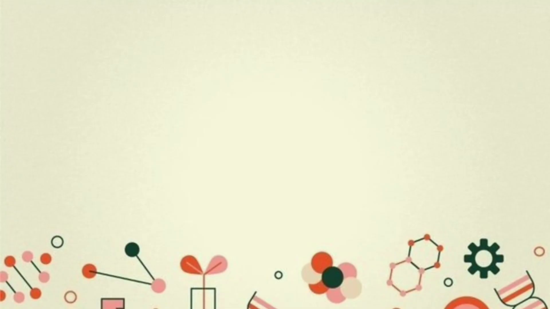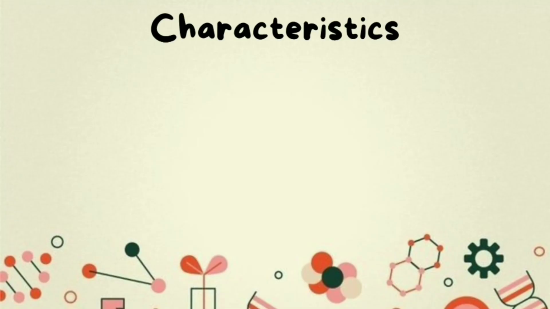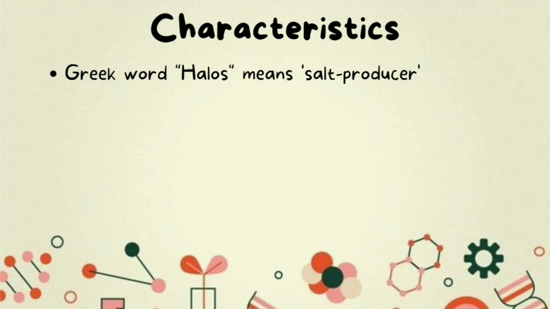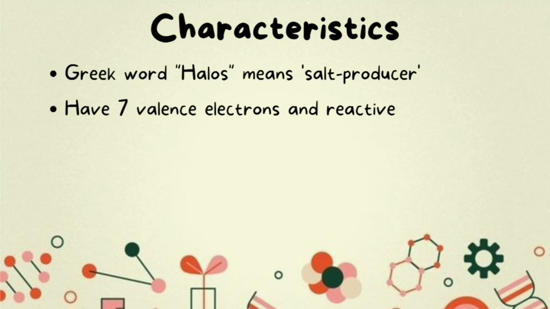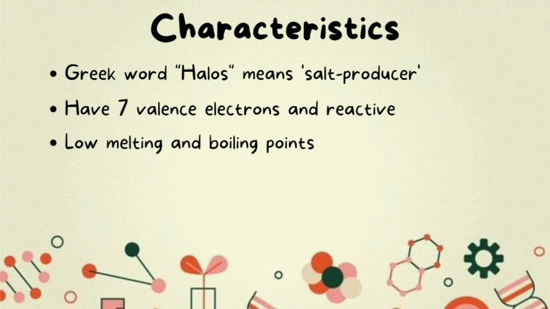Characteristics of halogens. The elements under the halogens have 7 valence electrons and are very active. If halogens are bonded with alkali metals, they form salt. They also have low melting and boiling points.